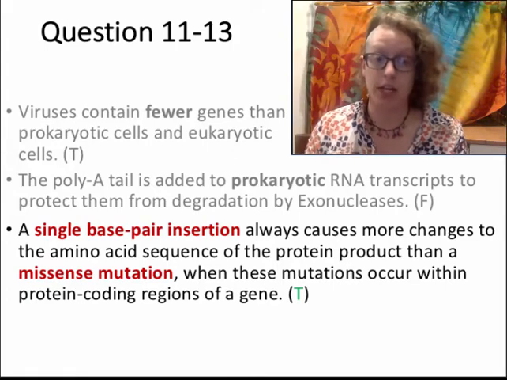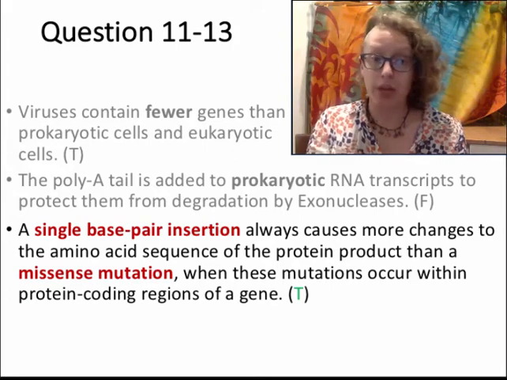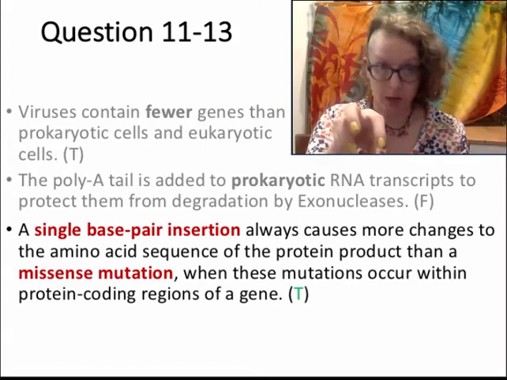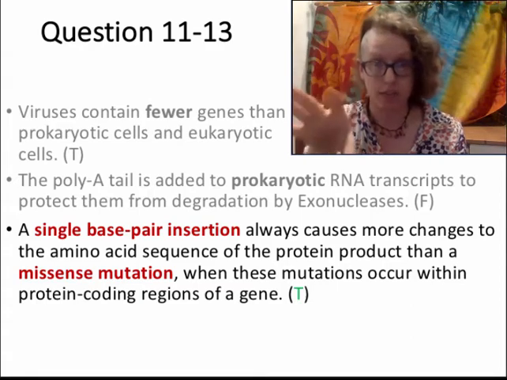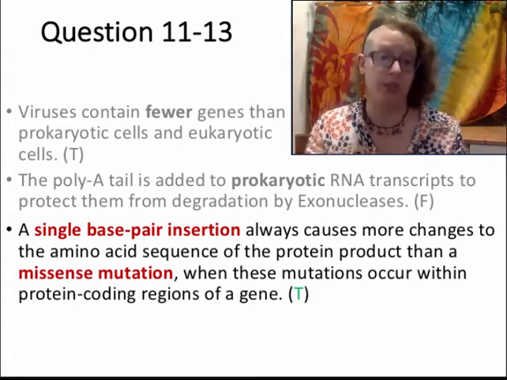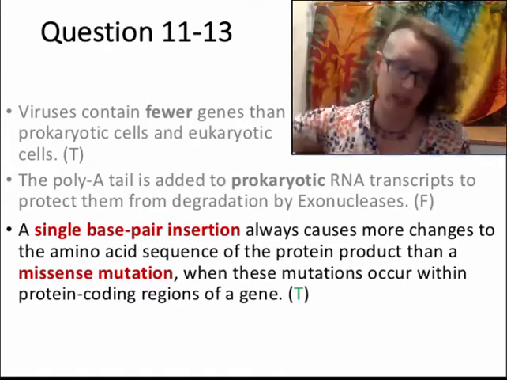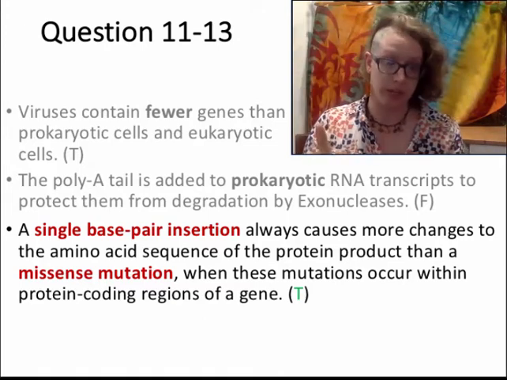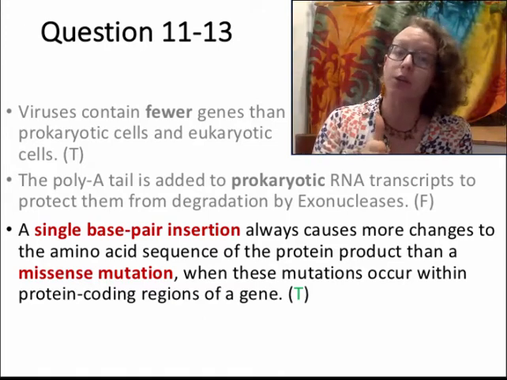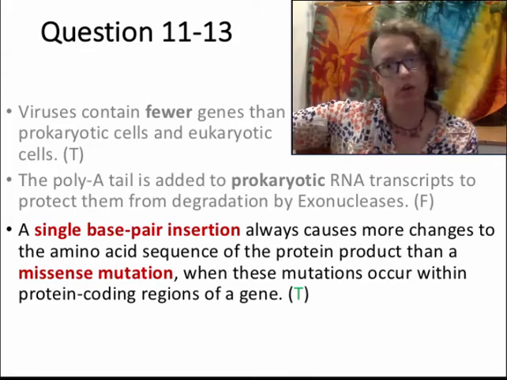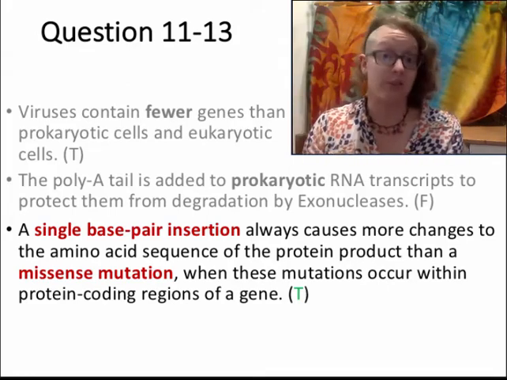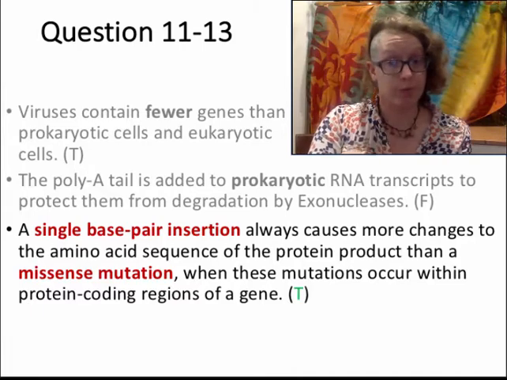A missense mutation is a point mutation where one amino acid changes to a different amino acid. That's the end result, but it doesn't change all of the amino acids, just the one in the final protein. Whereas a single base pair insertion will change all of the codons downstream because it's causing a frame shift. So that's true.